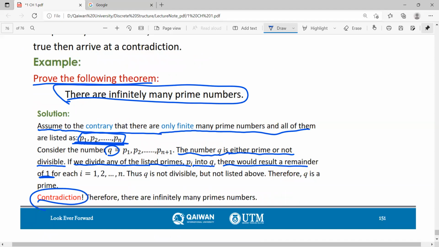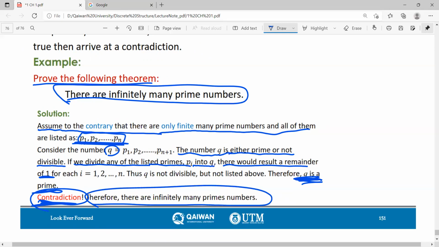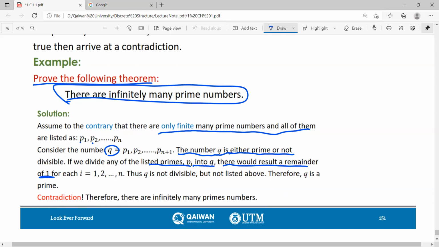So this is a contradiction. Q is a prime number but not listed above. Therefore, there are infinitely many primes. And this is by contradiction.